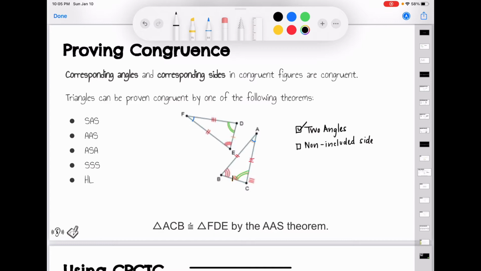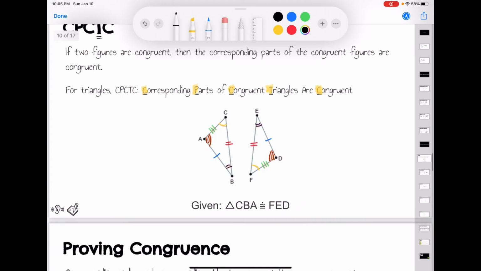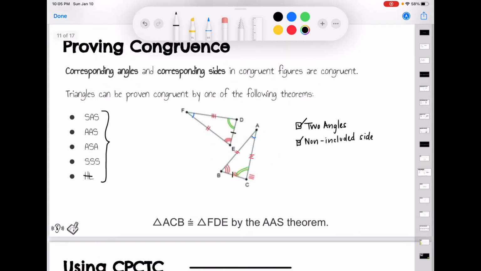So is BC congruent to DE? It does in fact look like that, so I can use the AAS theorem, or the angle angle side theorem, to prove that these triangles are congruent. In fact, I can use any of these different theorems. I couldn't use the HL theorem in this case just because I don't have a right triangle. I can only use the hypotenuse leg theorem if I have a right triangle. But any of these other ones, given that all my parts are corresponding to each other and congruent to each other, like we see here, well then we could use any of these theorems to prove congruence as well.